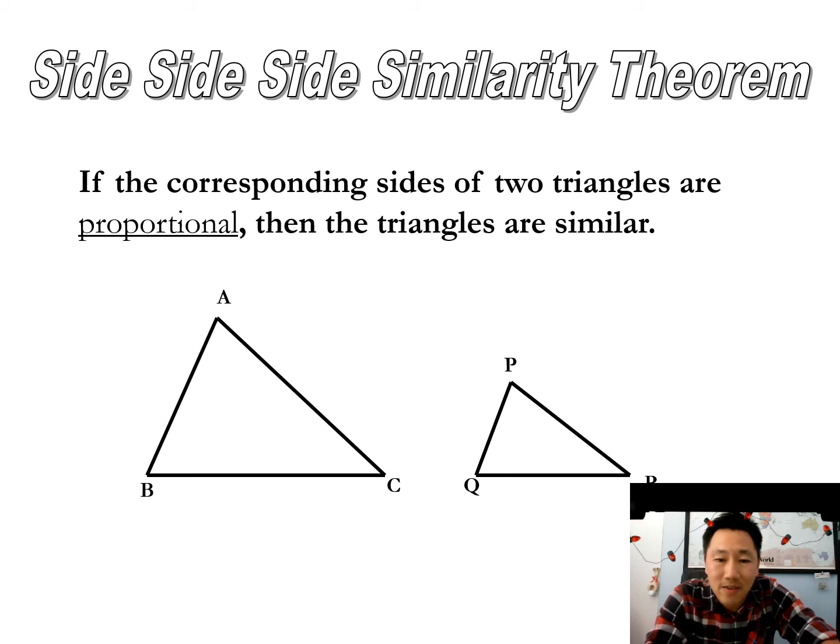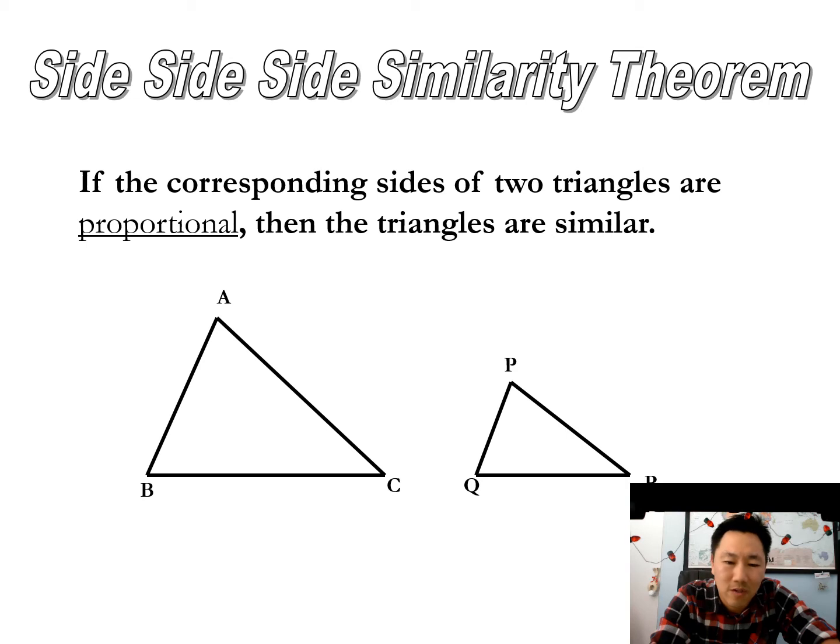Here's another theorem. Now this one is side-side-side theorem, which we learned a couple of chapters ago, but this is the side-side-side similarity theorem. All right, and it says a little bit different than the other one. If the corresponding sides of two triangles are proportional, then the triangles are similar.